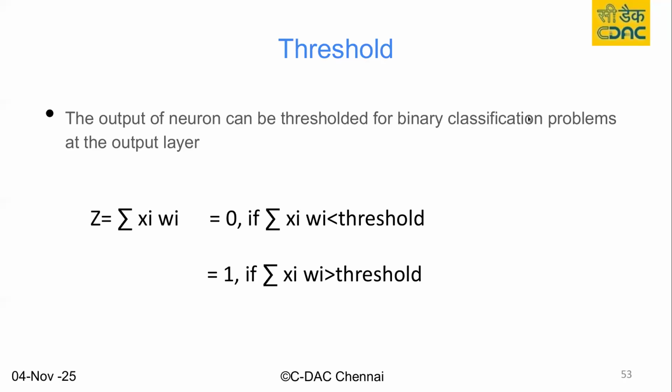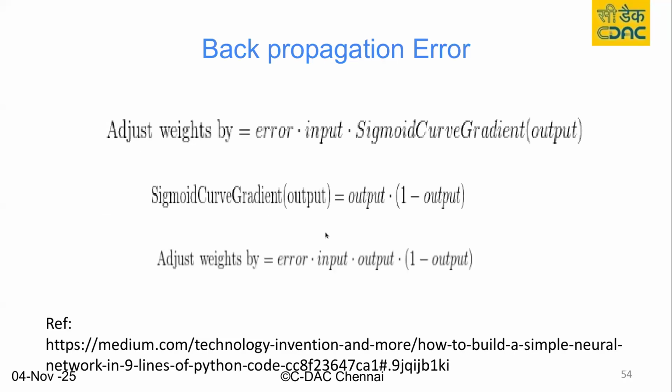So in the binary classification problem, we can use a threshold. If the output value is greater than 10, then it is normal. If it is less than 10, then it is abnormal. So something like that, you can design your neural network. And for a simple neural network, there is a derivation by which it is proved that we should adjust the weights by error into input into output into 1 minus output. I'm not going into that derivation part.